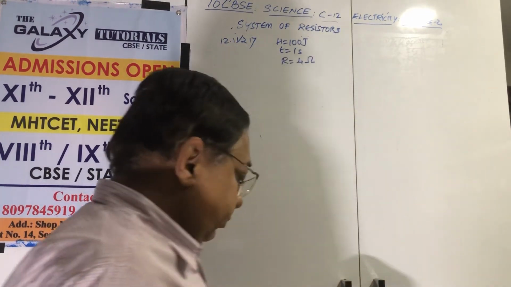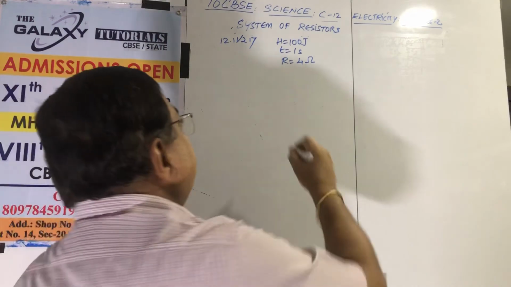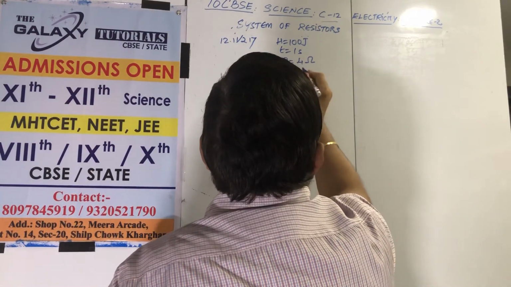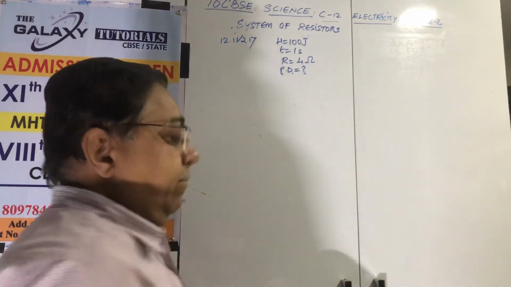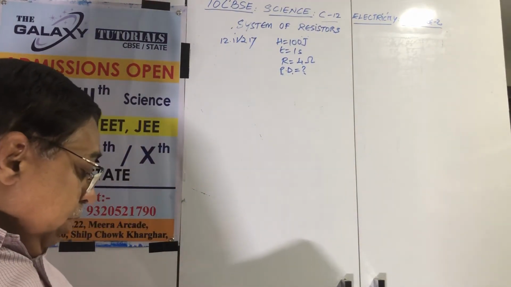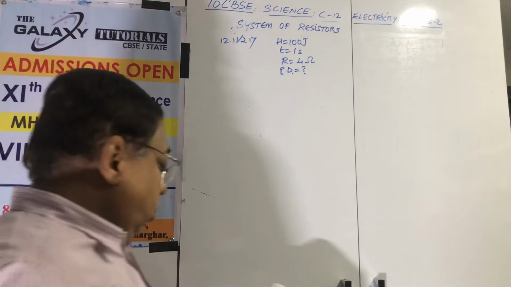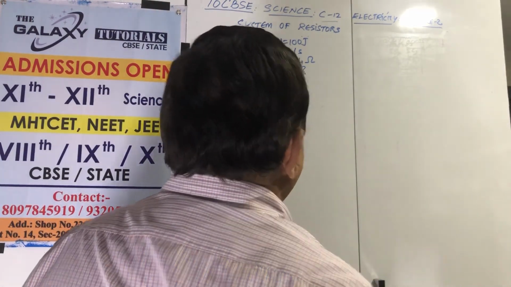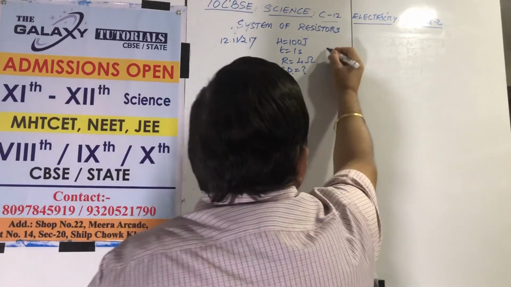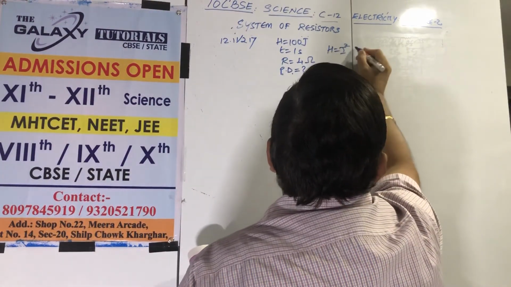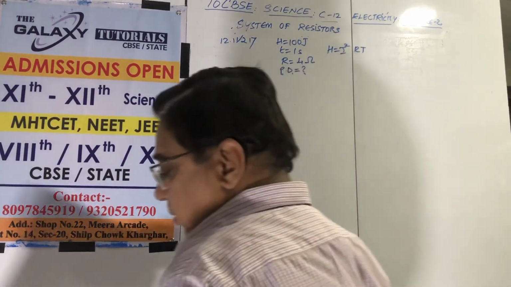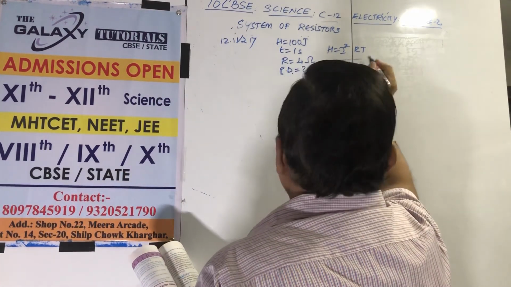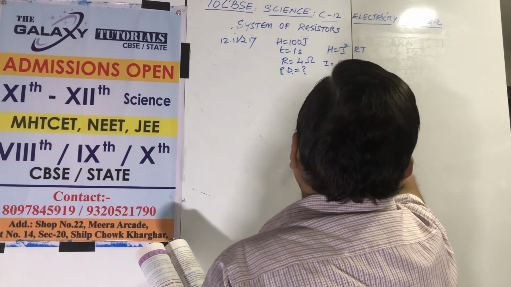Find the potential difference across the resistor. Now, from our formula, H is equal to I square RT, which we have just seen before I erase the theory. So I is equal to the square root of H upon RT.